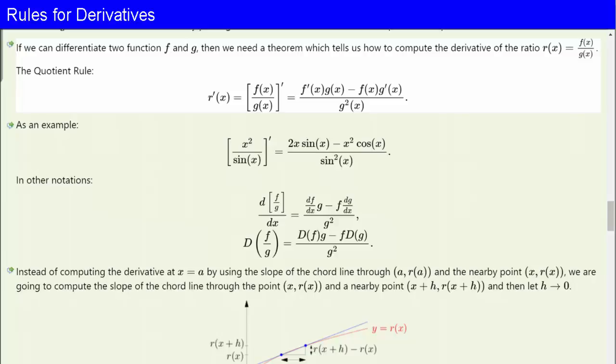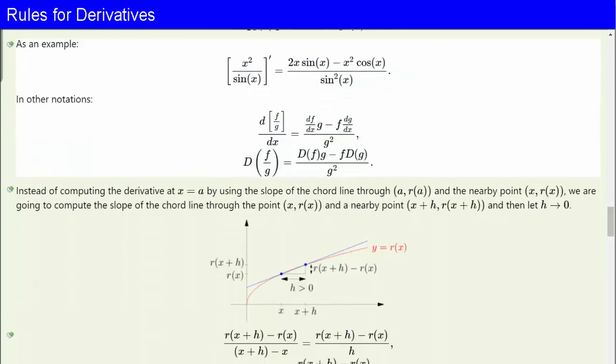R prime of x, that is f over g prime, is f prime g minus f g prime over g squared. Very unintuitive. As an example, the derivative of x squared divided by sine x is the ratio of 2x sine x minus x squared cos x to sine squared x.